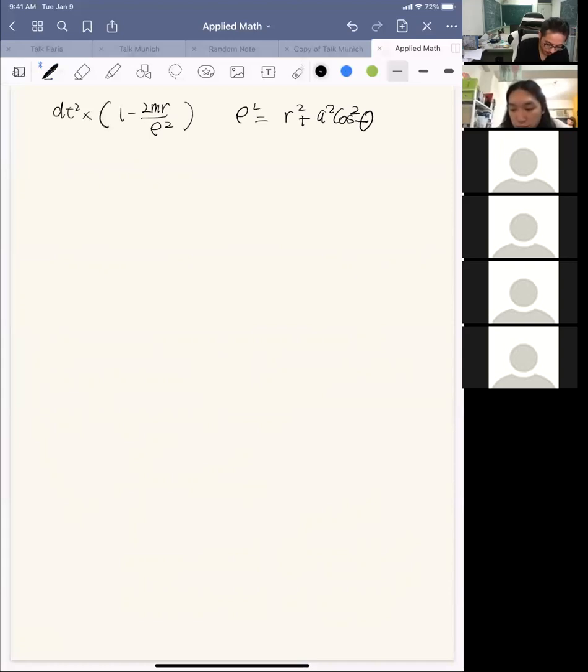So that means you have another horizon. Let me write the previous horizon: r plus minus is associated with M plus minus the square root of M squared minus a squared. For this one, you just multiply overall by rho squared, and let me call it h plus minus. This is different just by this factor of M squared minus a squared times cos.